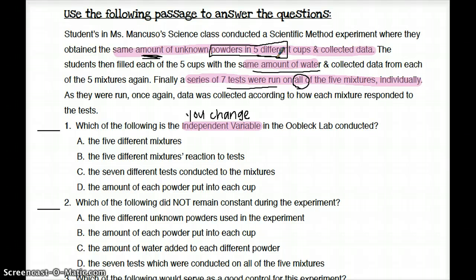So whenever you're looking at this, it's the amount of the powder, the 7 different tests, the 5 different mixtures reactions, or the 5 different mixtures. The reaction they can't change themselves. This would be something that they measure.